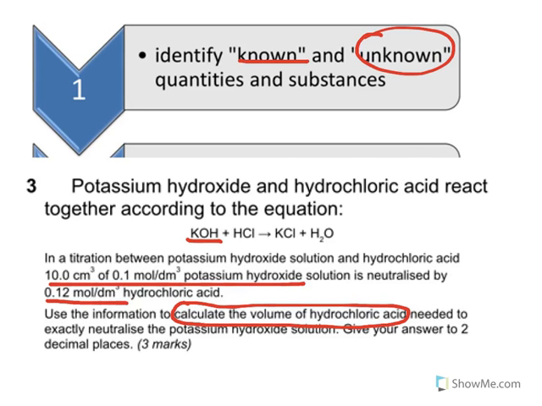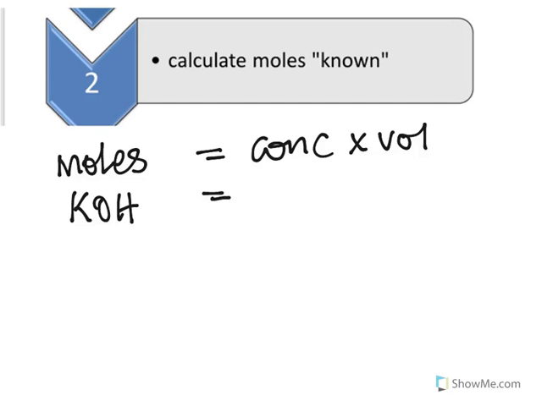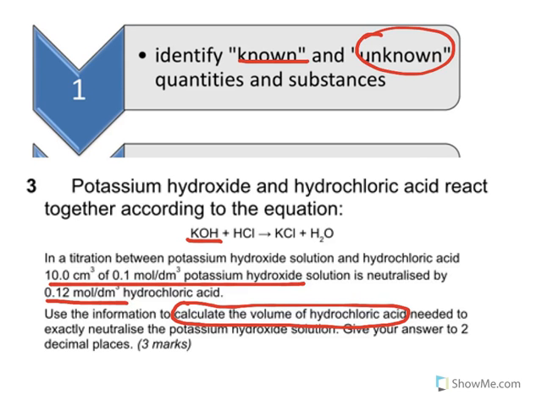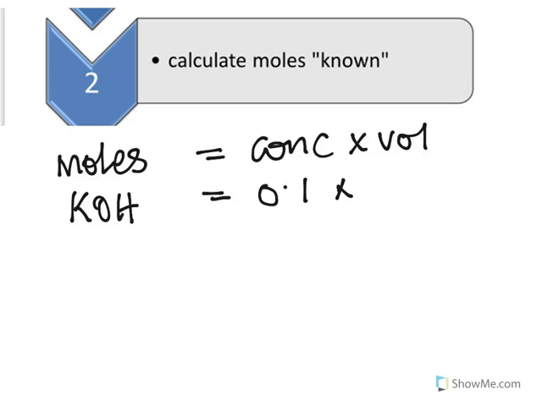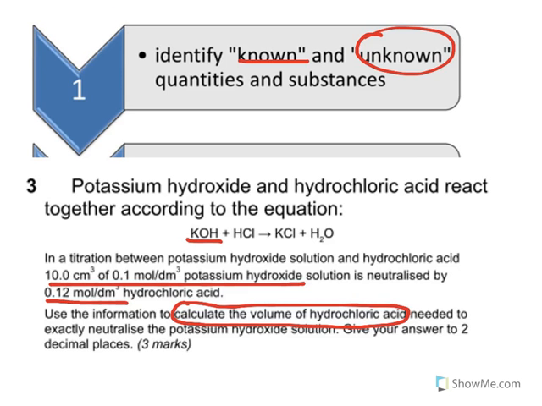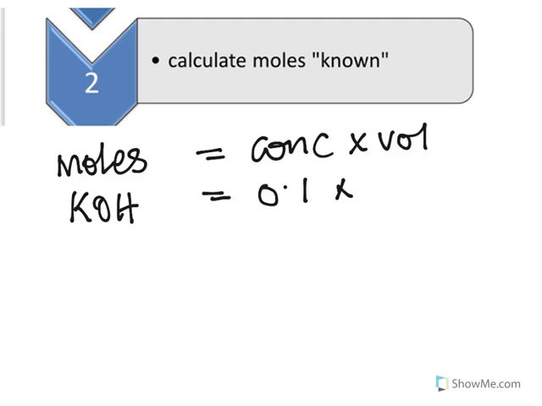So if we put the numbers in from the question, we have 0.1 moles per dm cubed, and the volume is given to us in centimetres cubed, so we have to change that to decimetres cubed.